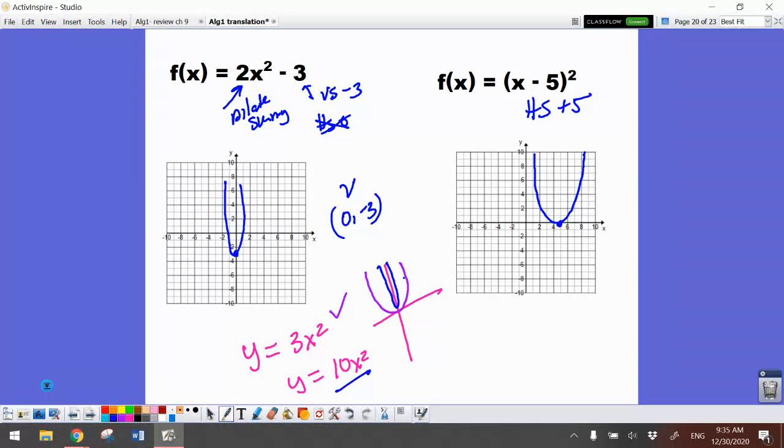So the bigger the number, the skinnier the parabola will be. And the smaller the fraction, the closer to 0, the wider it will be.